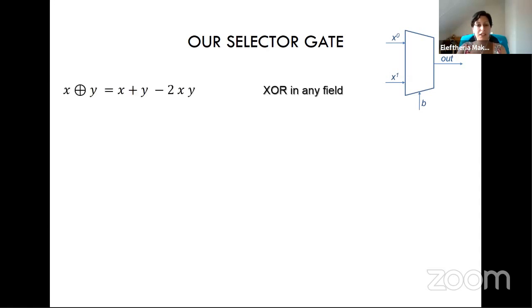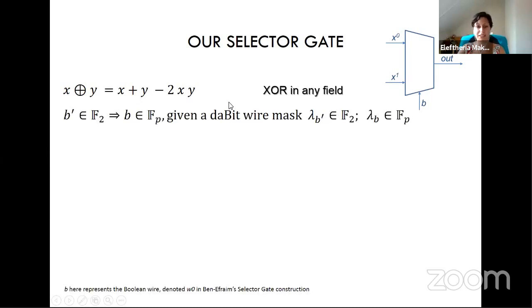We are based on the simple observation that you can denote XOR essentially in any field by this equation: x plus y minus 2 times x times y. And by exploiting this property, we can do the projection directly. First of all, we need what Ben Ephraim calls multi-field shared bits for the permutation elements.